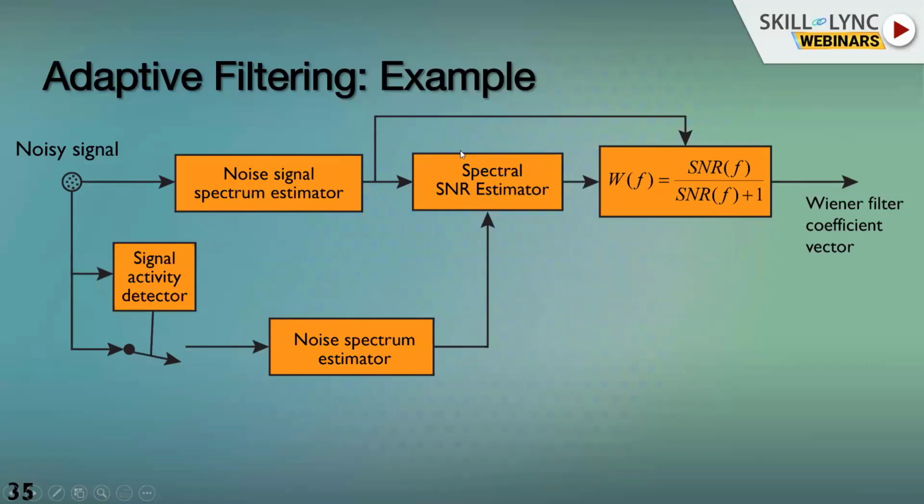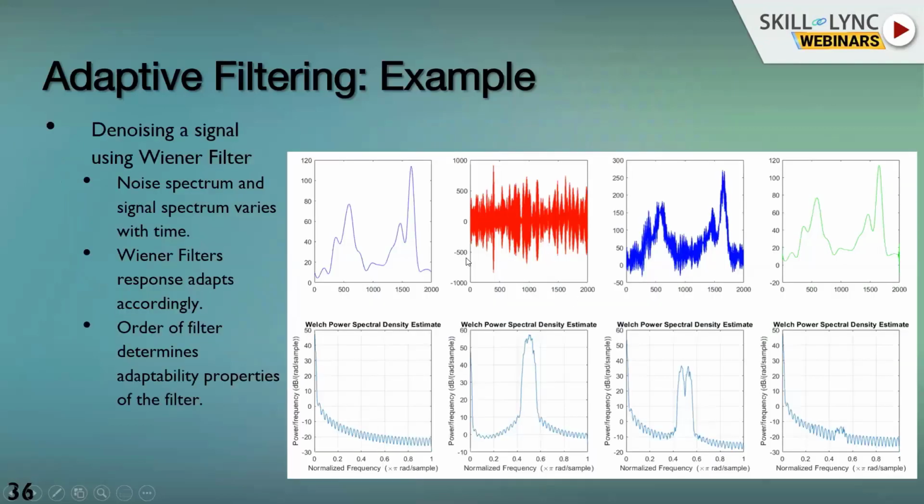This block is basically canceling out the noise spectrum from the noisy signal and giving us the clean signal. So this is a small example of how the filtering will be done.